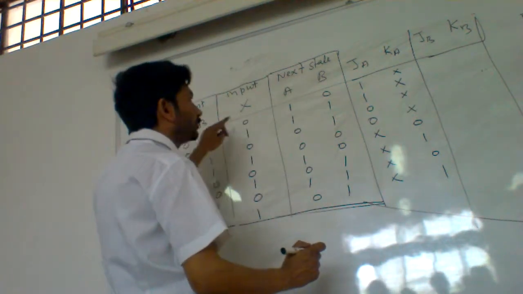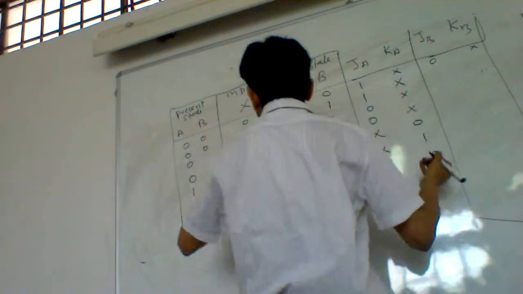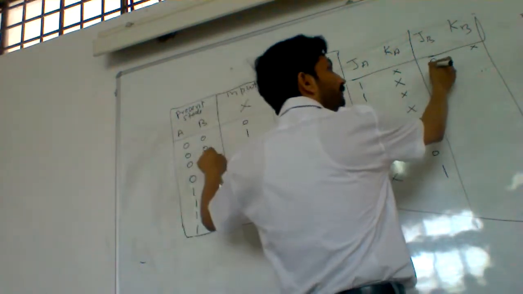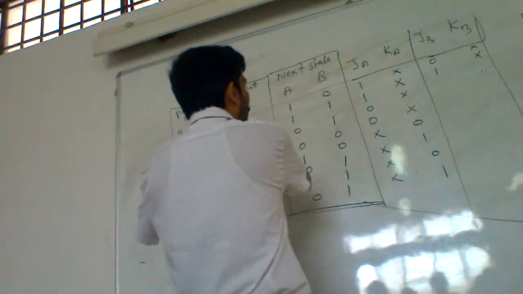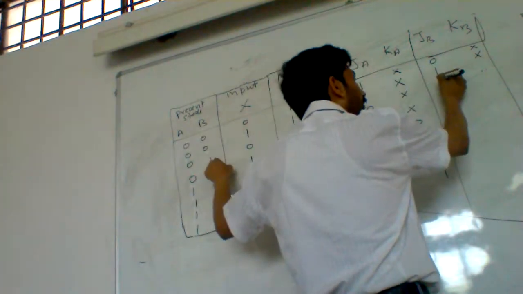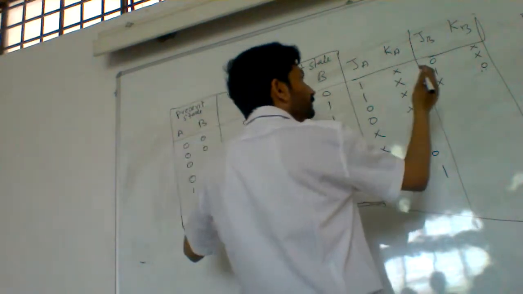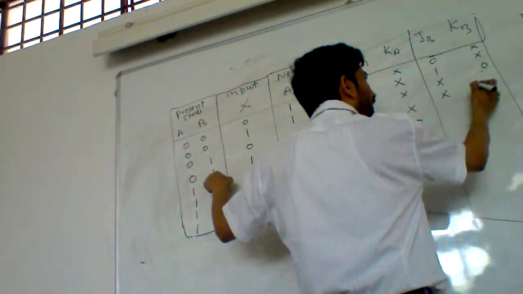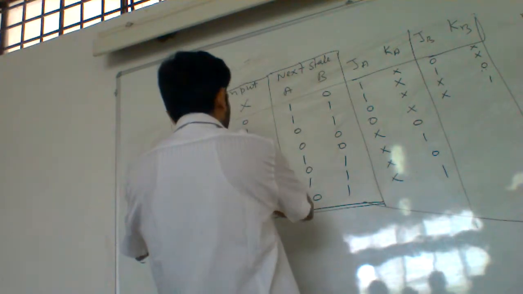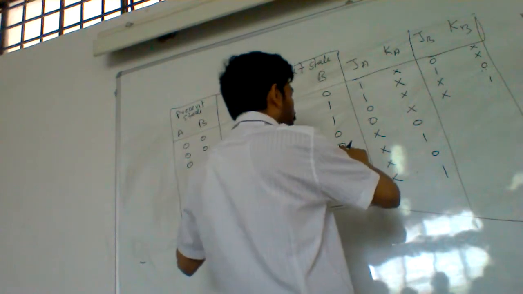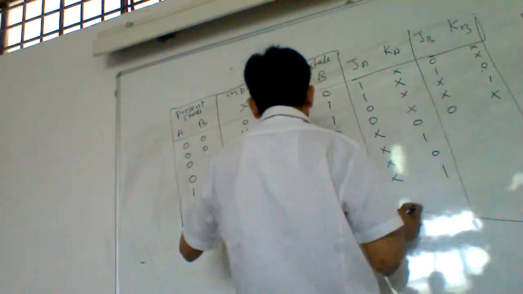So 0 to 0 gives 0, don't care. Again 0 to 1 gives 1, don't care. Then 1 to 1 gives don't care, 0. 1 to 0 gives don't care, 1. And 0 to 0 gives 0, don't care.